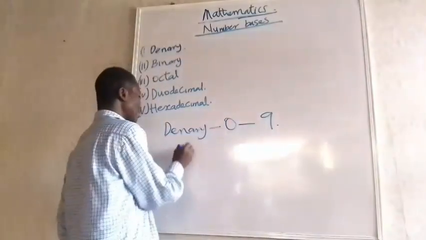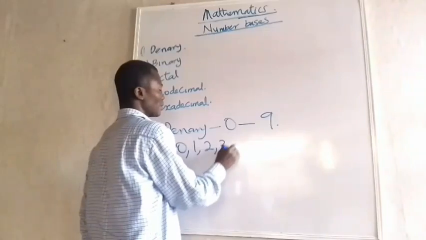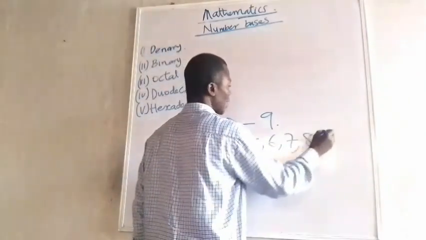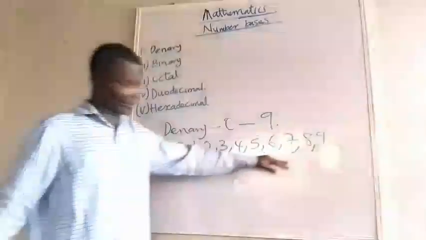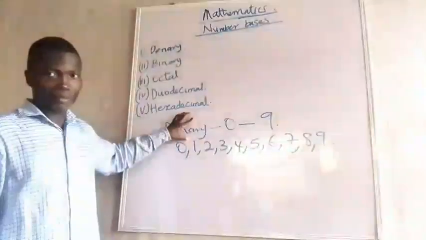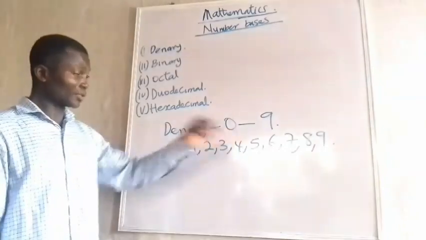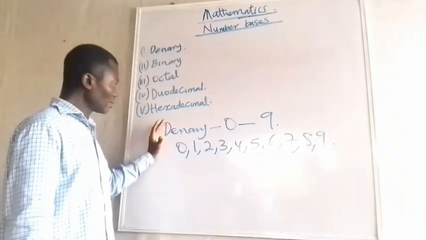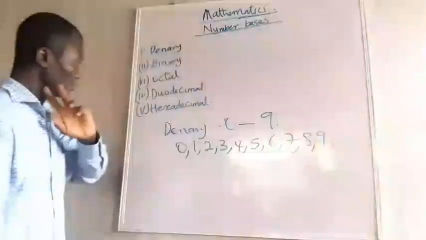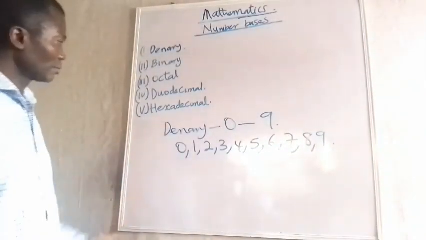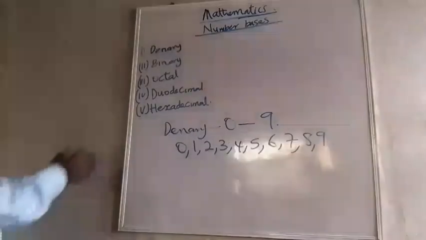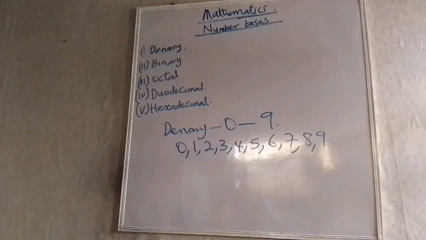So we can always have 0, 1, 2, 3, 4, 5, 6, 7, 8, 9. These are the digits you can find under this base, and we know how to perform our operations under this one, multiplication, and how it is being represented. That's all about denary, nothing special about it.